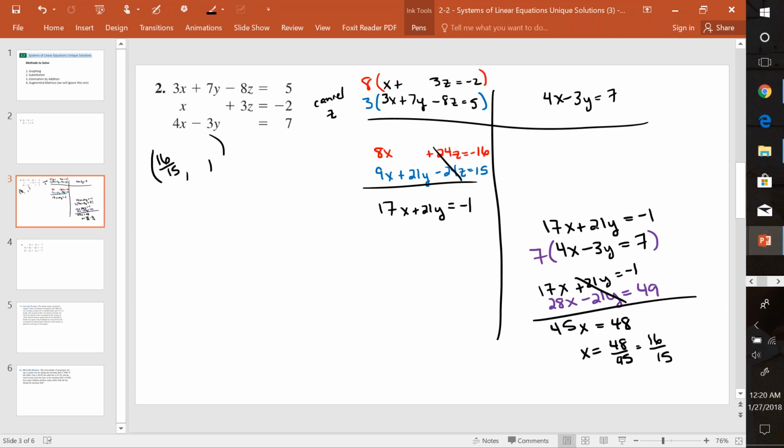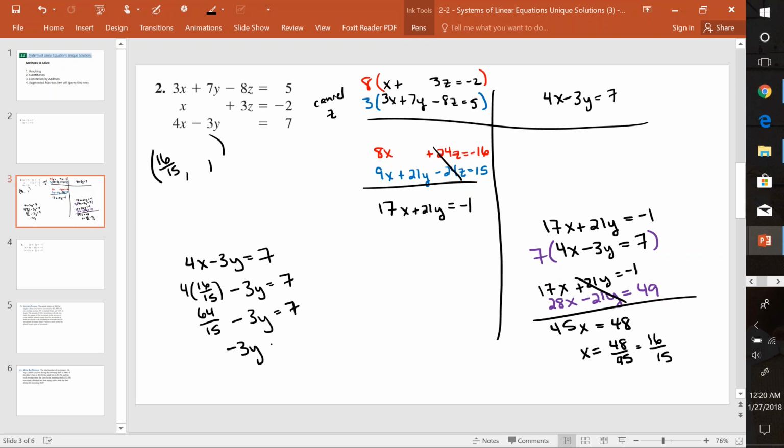So the first thing you do is you back substitute this answer into either this one or this one, either one of the equations that has the x and the y. I'm going to use the 4x minus 3y equals 7. You could just as easily use the other one. So this is 4 times 16 over 15 minus 3y equals 7. 4 times 16 is 64 over 15 minus 3y equals 7.